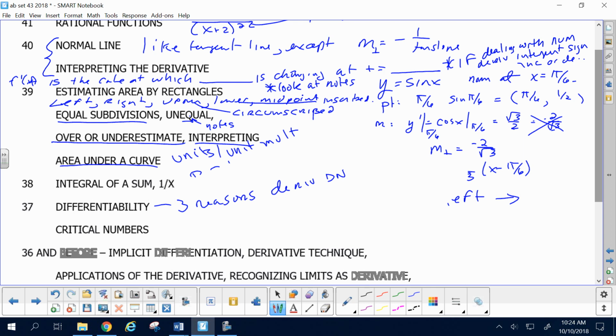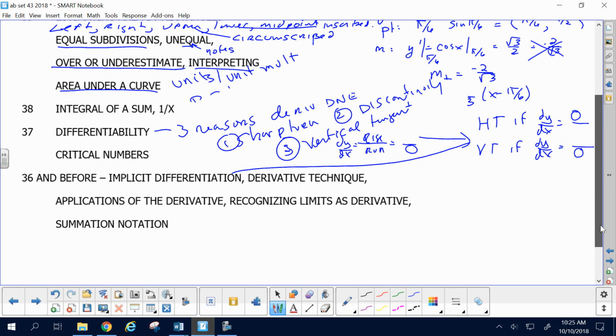You have a vertical tangent if dy dx has a 0 in the bottom. Common AP question is to find an implicit derivative. Basically like that AP problem we did last Friday in class. Remember that? That'll be a good preparation if you look over that. Or if you want another one, I can make you one.